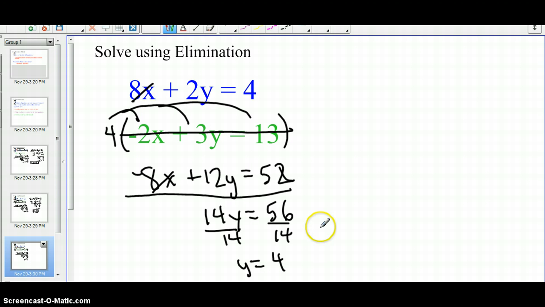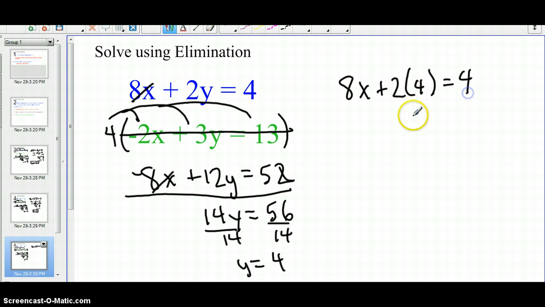I have my y, plug that number in for y into one of the two equations, or one of the three. It does not matter. I'm going to choose that first one. 8x plus 2 times 4 equals 4. So 8x plus 8 equals 4.